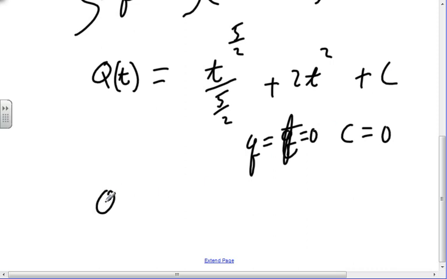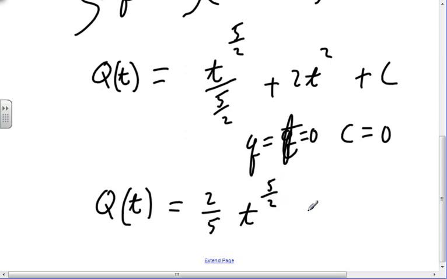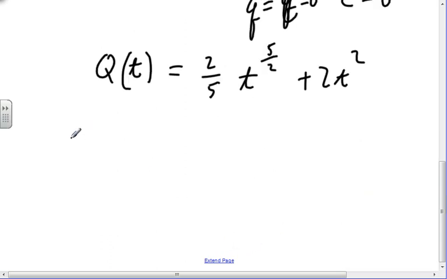So Q at t is going to be, invert and multiply, 2/5 t to the 5 halves plus 2t squared, and we want Q at 4 seconds.